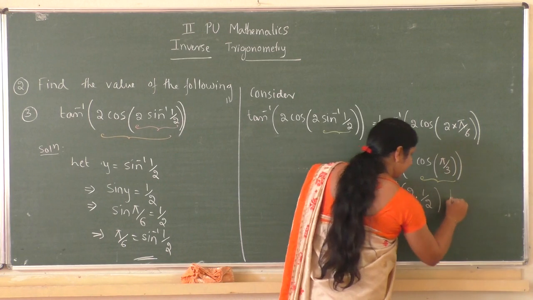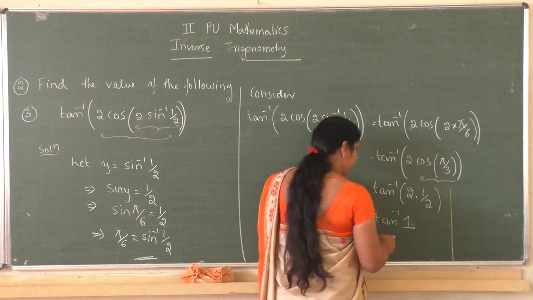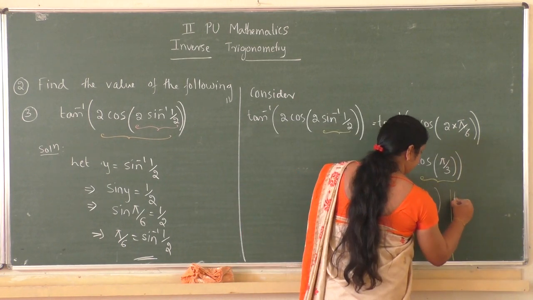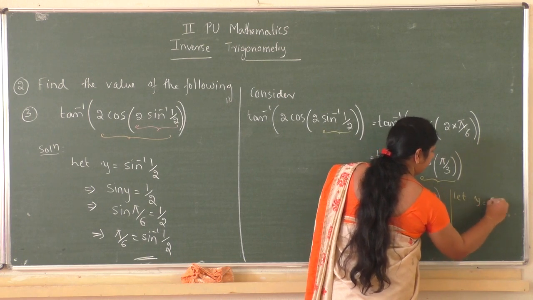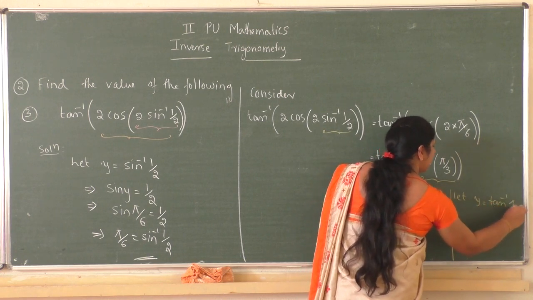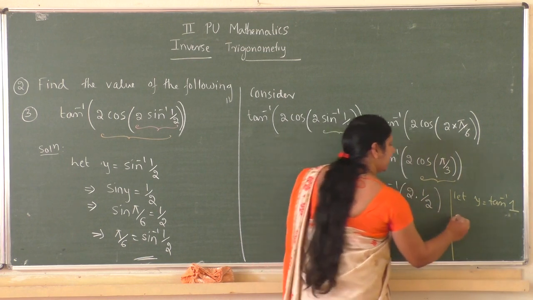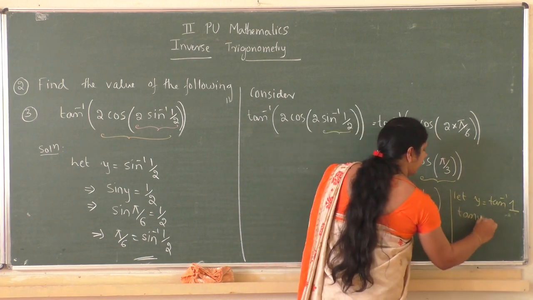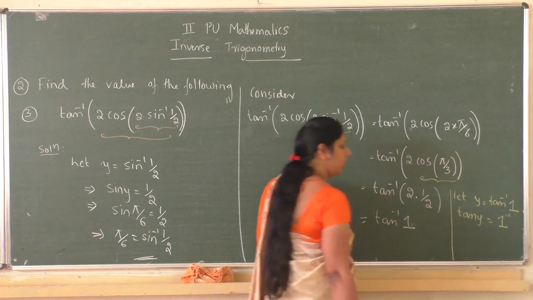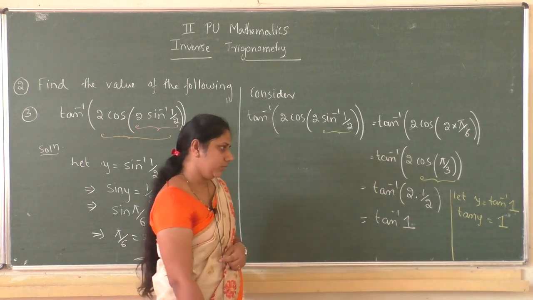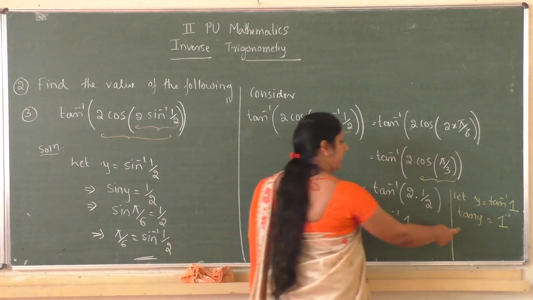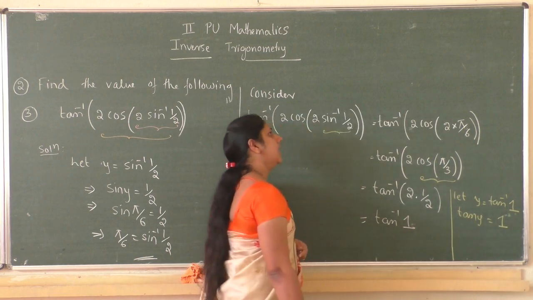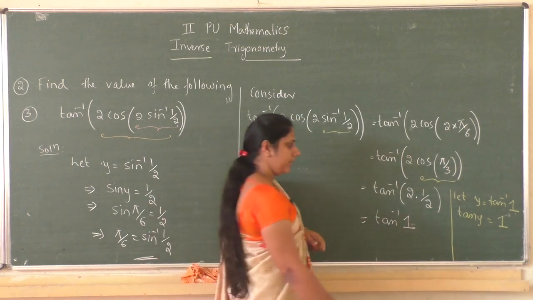So I will do it here. You have to find the principal value. So let y equal to tan inverse 1, that implies tan y equals 1. Now for the required range of tan inverse, for what values of y is tan y equal to 1? It is pi by 4, right?